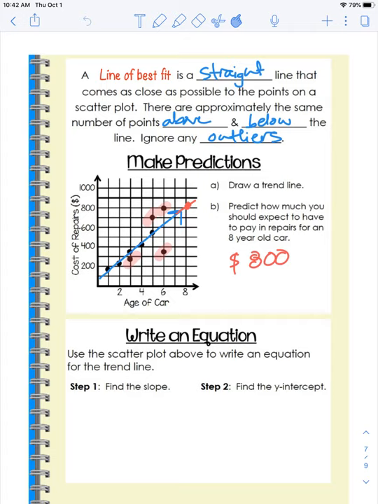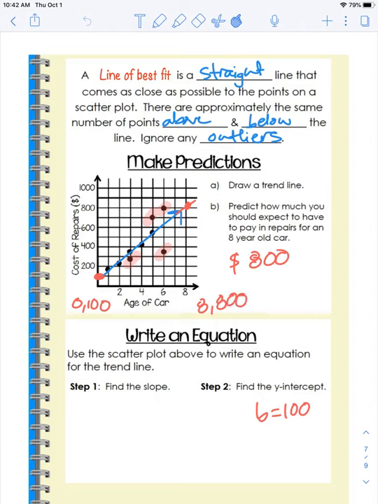All right, now let's write an equation. Use the scatter plot above to write an equation for the trend line. It looks like it crosses the graph about here at 100. So I'm going to say b equals 100. That was step 2. Oops. And then the slope, well, let's see. It went from 0, 100 to this last point is at 800.